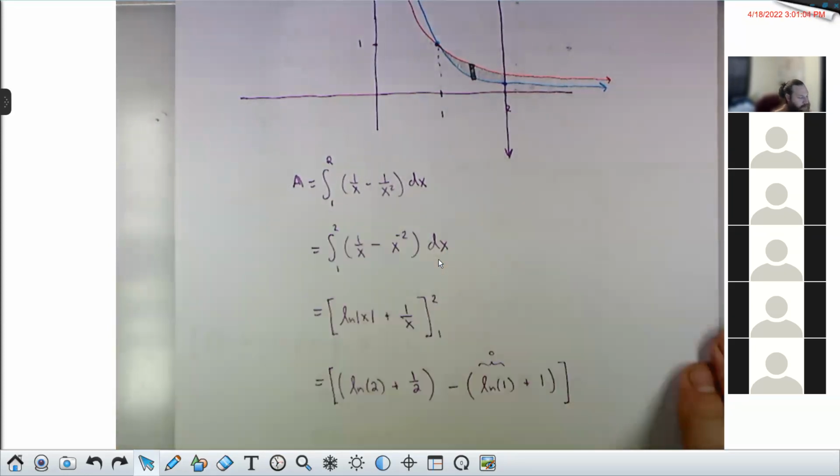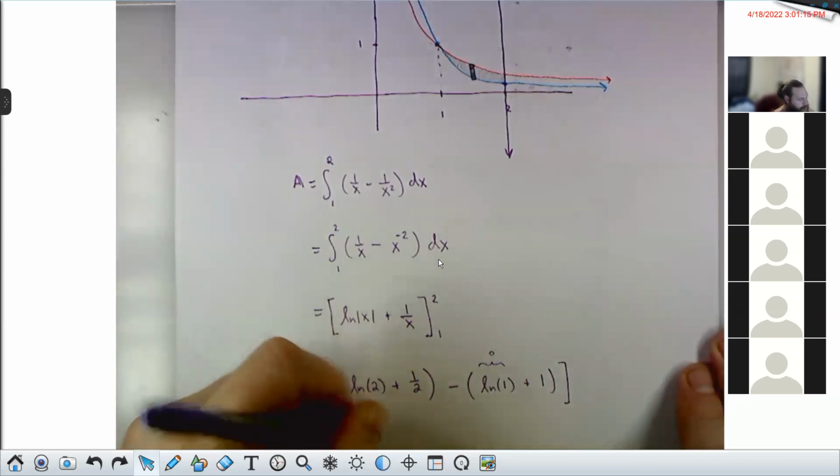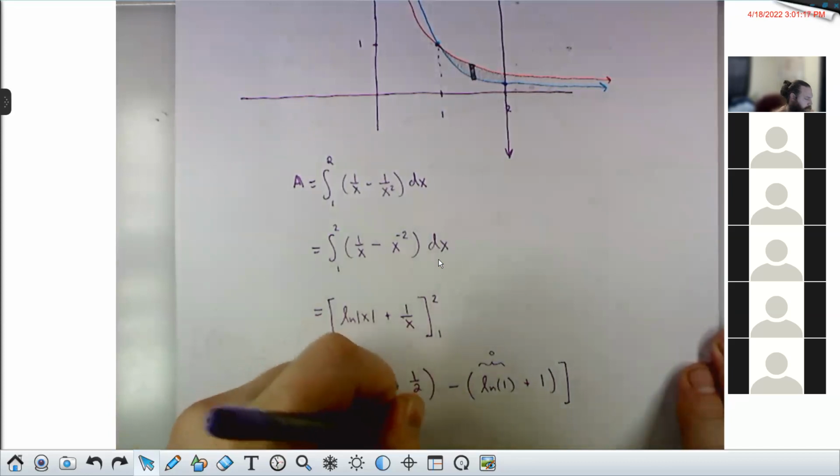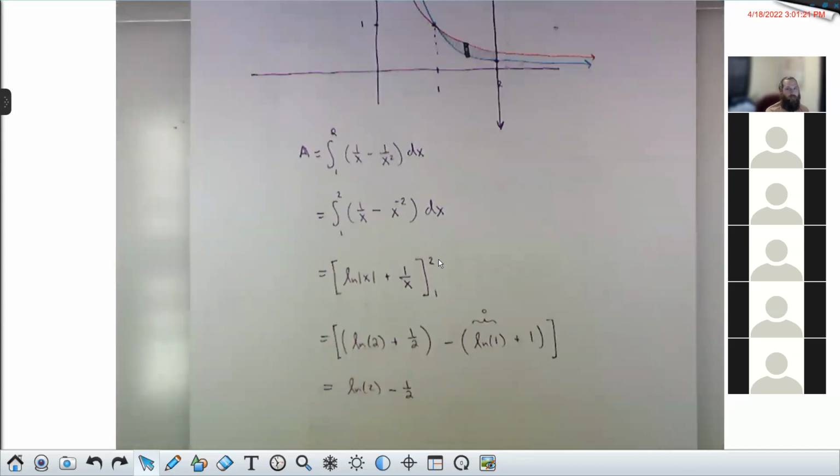Natural log of 1 is 0. So this is the natural log of 2, plus 1/2, minus 1. So the natural log of 2 minus 1/2. It's about 0.19.